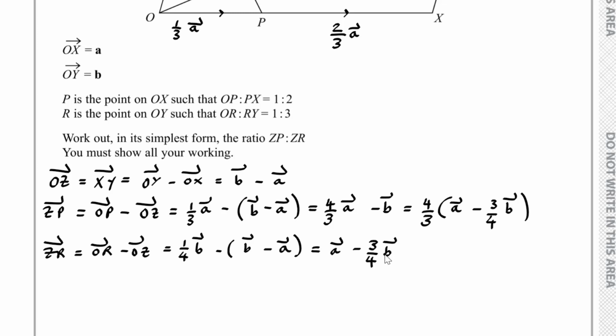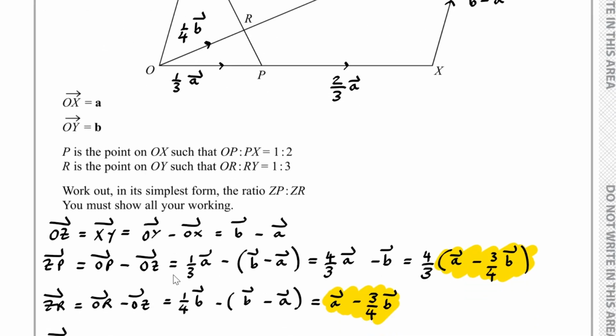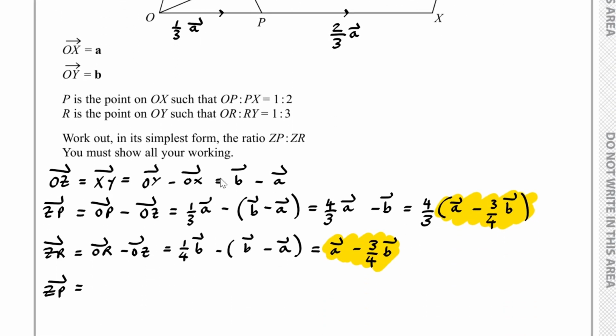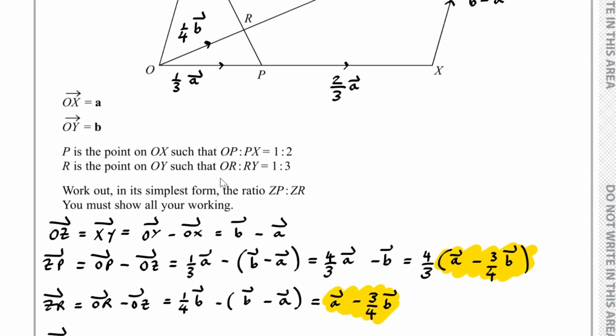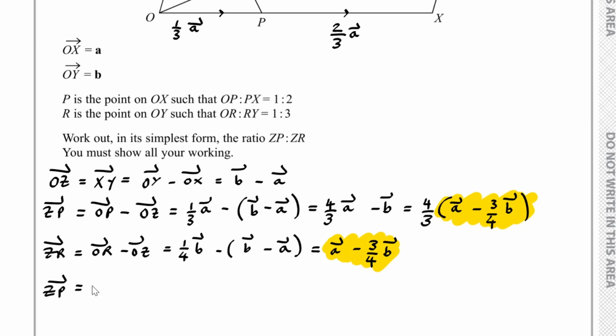Okay. So what you can see here is if you compare this bit over here with what we have over here, which is the same, you can hopefully see that ZP is equal to 4/3 of ZR.